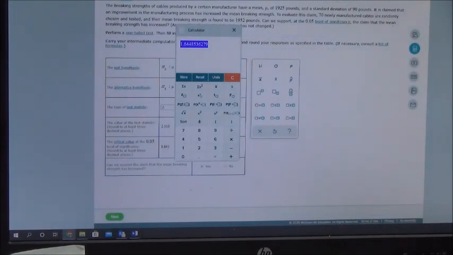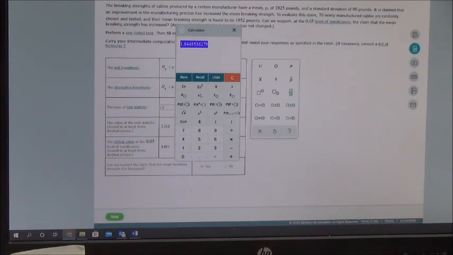All right, so if I go to the next page here, I have one from Aleks. It says, the breaking strength of the cable produced by a certain manufacturer has a mean of 1,925 pounds and a standard deviation of 90 pounds. It is claimed that an improvement in the manufacturing process has increased the mean breaking strength.